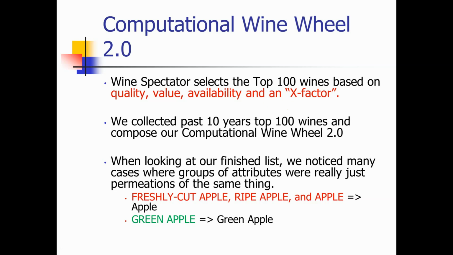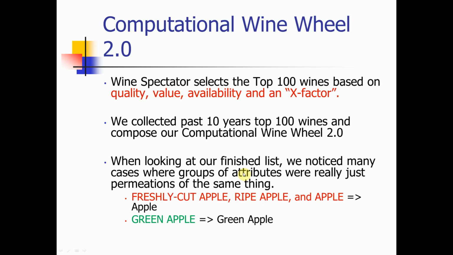What we did is collect the past 10 years of top 100 wines, and then we handpicked all of the important keywords out of that to form what we call a dictionary style, and that's what we call the computational wine wheel 2.0, because there was a first version that used only 100 wines.